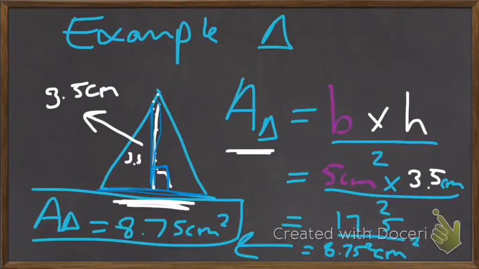We've labeled our base as 5 centimeters, this side right here, and our height as 3.5 centimeters. Our height we can see is over here. Remember, the H gives us the height. When we do the calculation, we see that 5 times 3.5 centimeters gives us 17.5 centimeters. But we then have to divide that number by 2. And that gives us 8.5 centimeters squared. Remember our units. This is centimeters squared, not just centimeters.